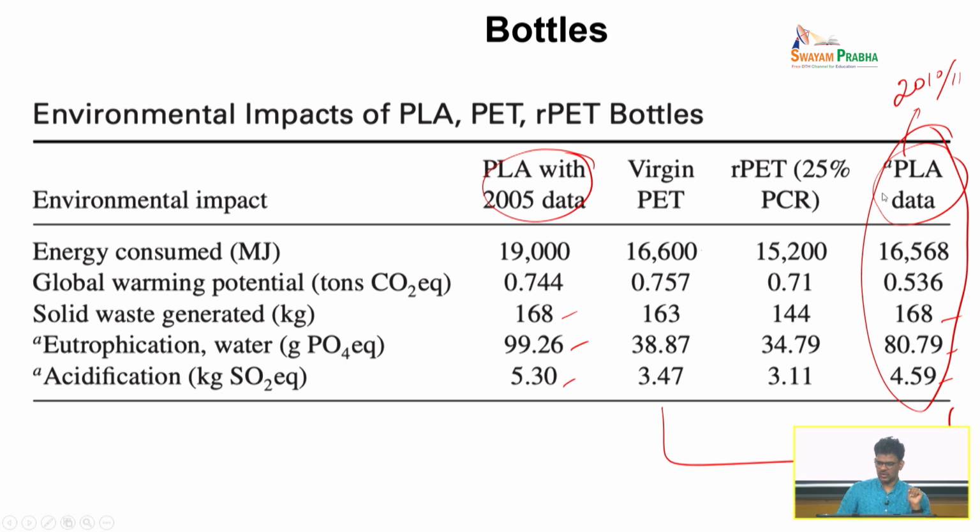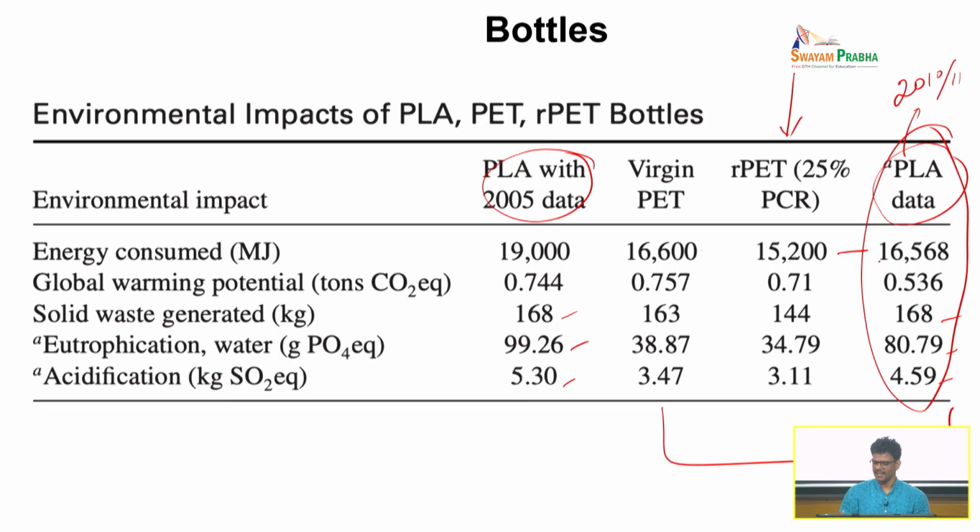Then there is one more column, column 3, which, instead of a virgin PET based bottle, uses 25% post consumer recycled PET along with 75% virgin. So you recycle some fraction, and you can see a quite comparable situation with this data.